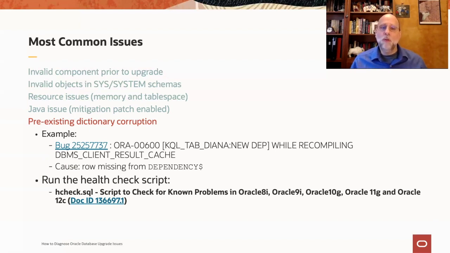And this is most likely to happen if you have a very long-lived database that has been patched and updated over the years or even decades. And this was especially true back in the days of, say, 8i, 9i patching, where it was very possible that you could apply a patch as the wrong user. So this was before the days of datapatch, let alone SQL patch.